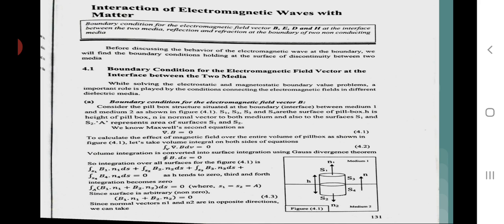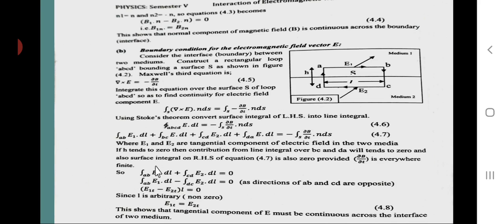Since normal vectors n1 and n2 are in opposite directions, we can take n1 equal to n and n2 equal to minus n. So the equation becomes B1n minus B2n equal to 0, that is, B1n is equal to B2n. This shows that the normal component of magnetic field B is continuous across the boundary interface.